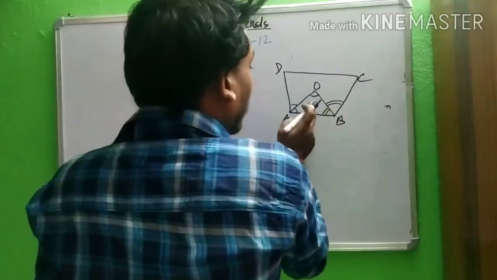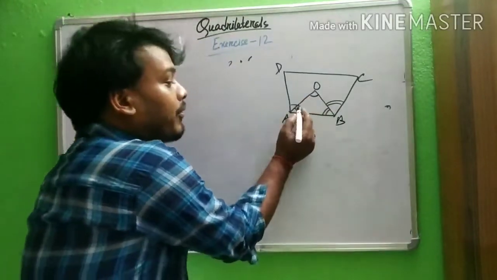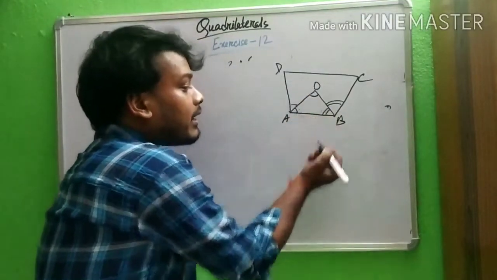So it is possible to find this angle if we know the value of this angle and this angle.